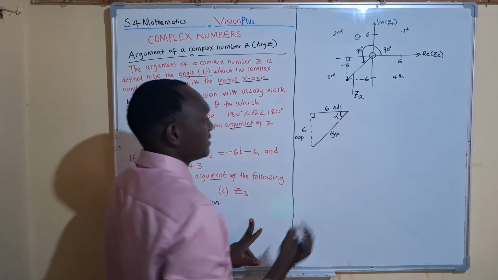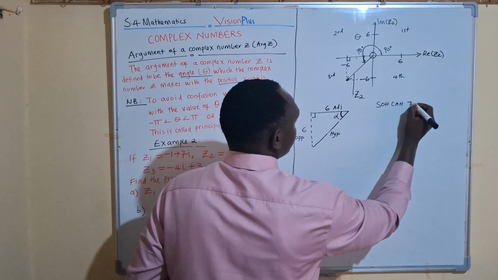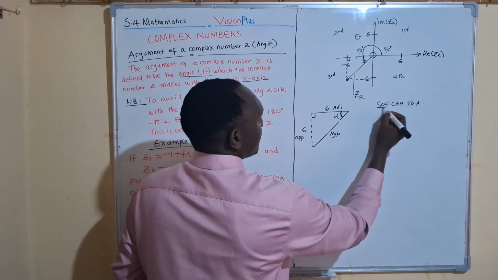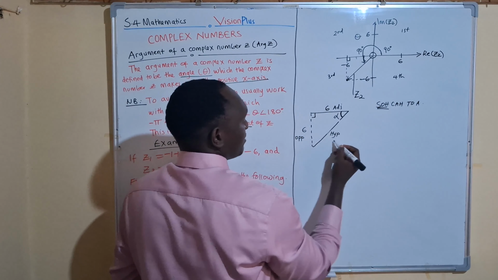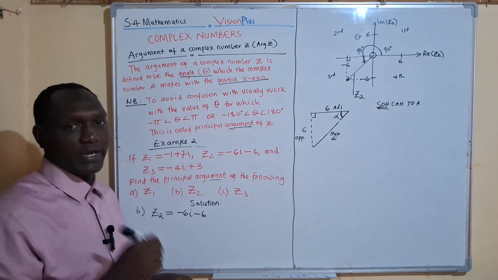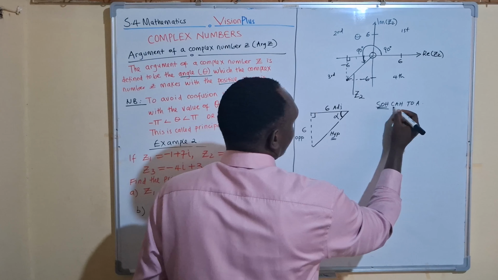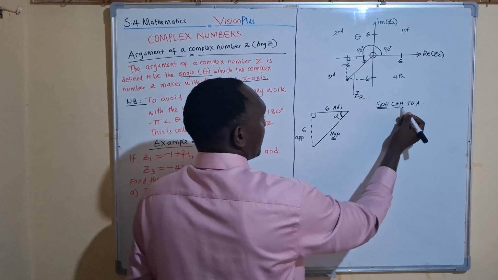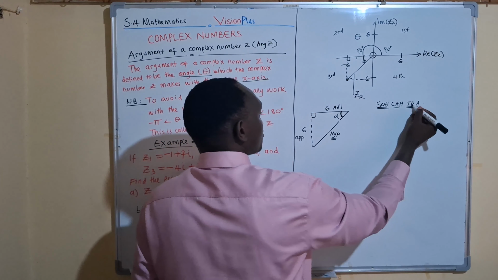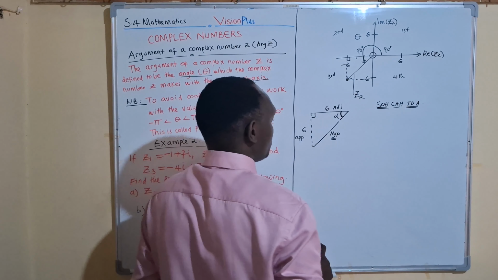After getting that, you apply SOH CAH TOA. If you use sine, you need opposite and hypotenuse, but here you don't have the hypotenuse, so you must first find it. The same applies to cosine: you need adjacent and hypotenuse. But tan uses opposite and adjacent, which we have, so we don't need to waste time.